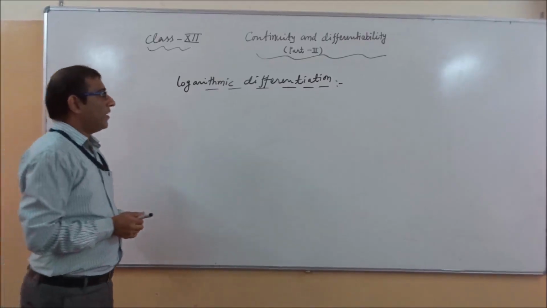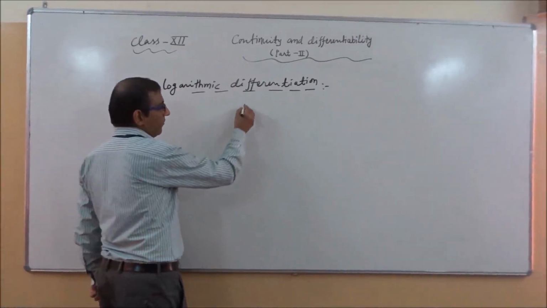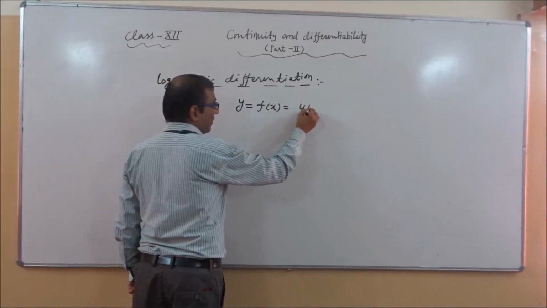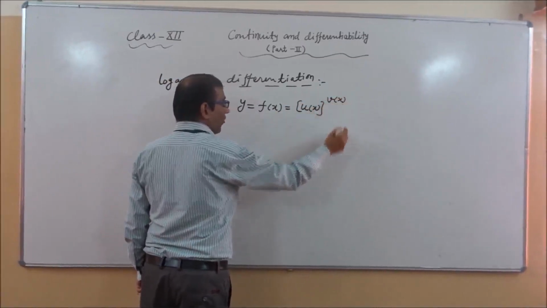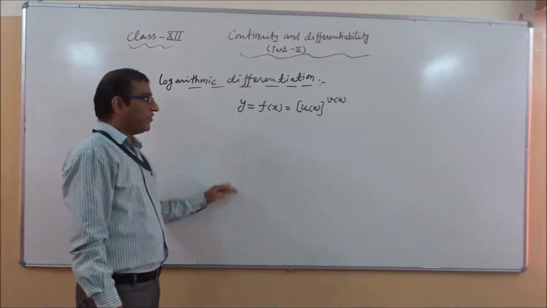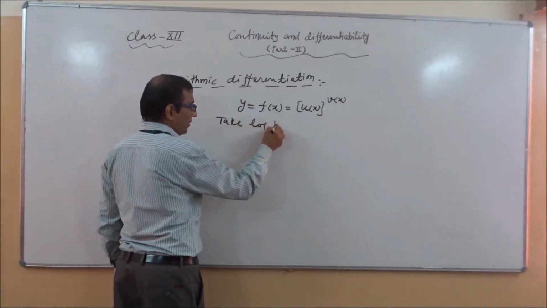Now I am continuing with logarithmic differentiation. So what is the meaning of this? For example, if you are taking y equal to f of x, it can be written as u raised to the power v. So how can we solve the differentiation of such types of functions? First we will take log on both sides.